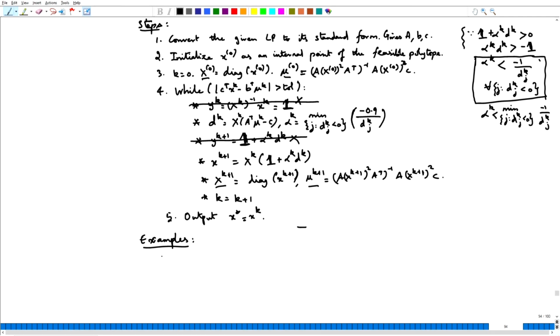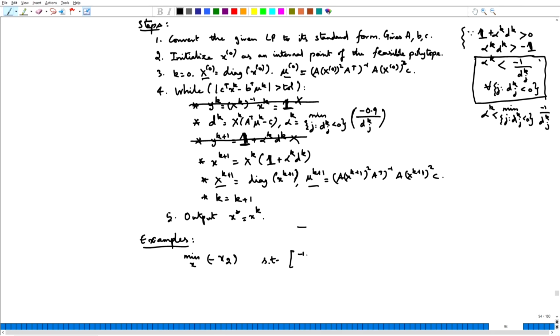So, we minimize minus x 2 subject to, of course, the three conditions: minus x 1 plus x 2 less than or equal to 0, x 1 plus x 2 minus 1 less than or equal to 0, and minus x 2 less than or equal to 0. But instead, we will write it in the Ax equal to b form.